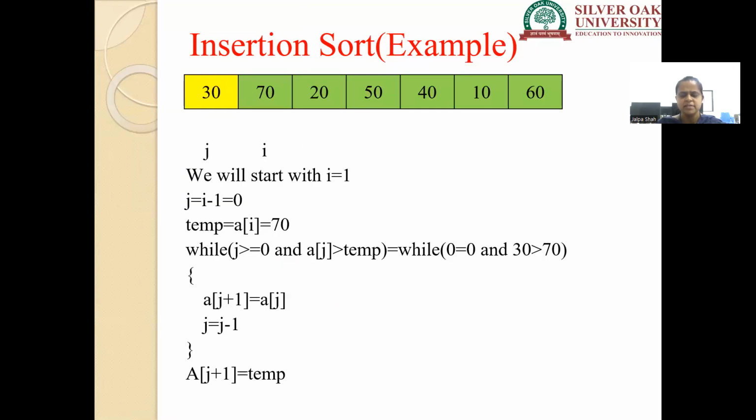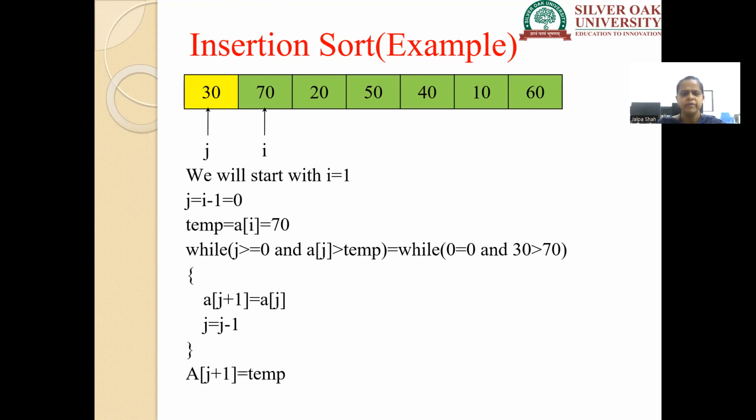Now, let us start with the example. First we consider that 30 comes under the sorted zone and all the other remaining elements come under the unsorted zone. So now we give 30 to the J pointer and 70 starts with the I pointer.